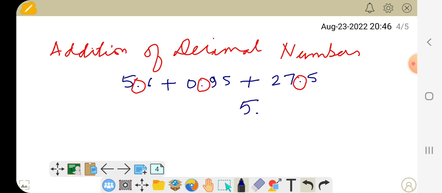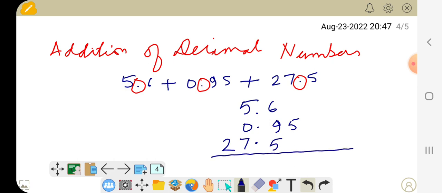So 5.6, the next number is 0.95. So the 0 should be here and the point just below the point, and here 9 5, and the last one is 27.5, not 0.5. Now we have to add all the numbers. If I put a 0 here, no changes.